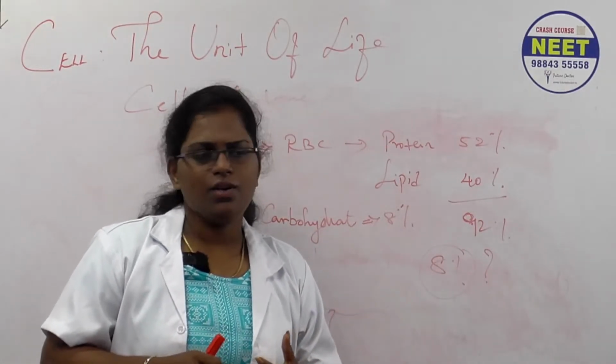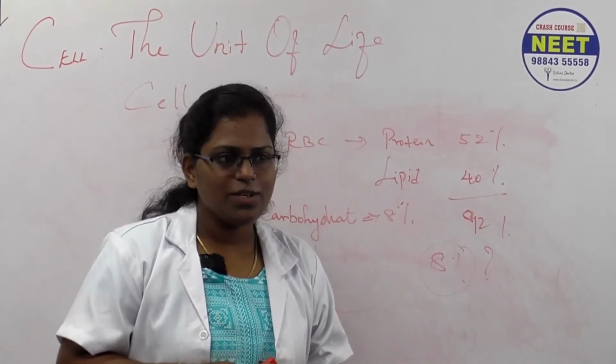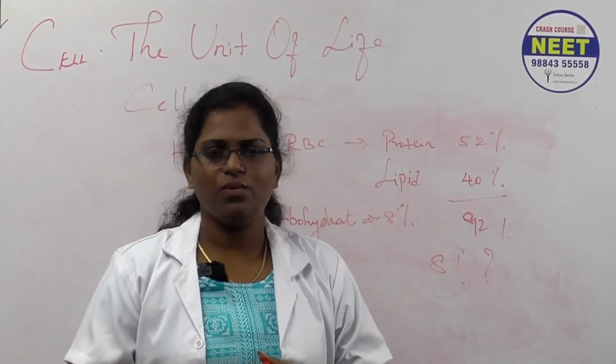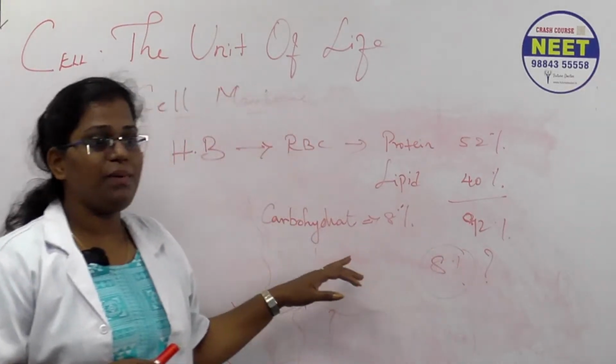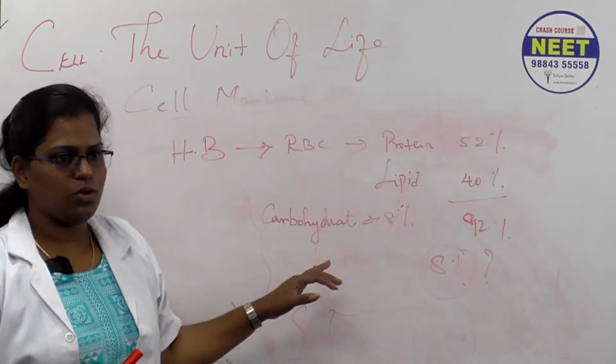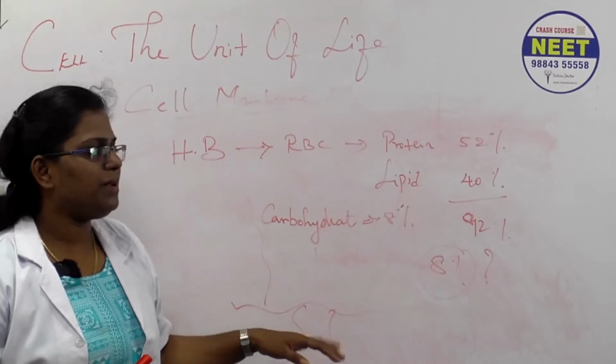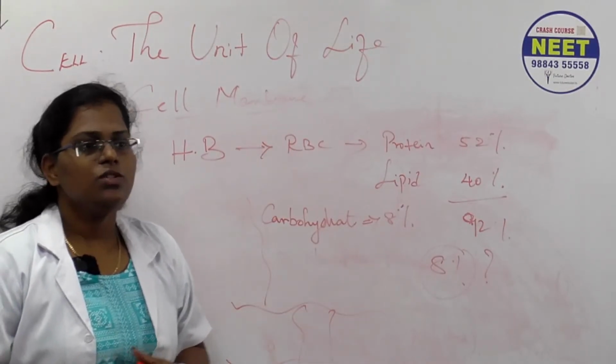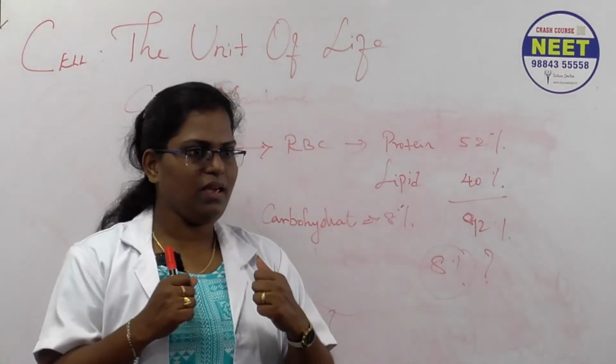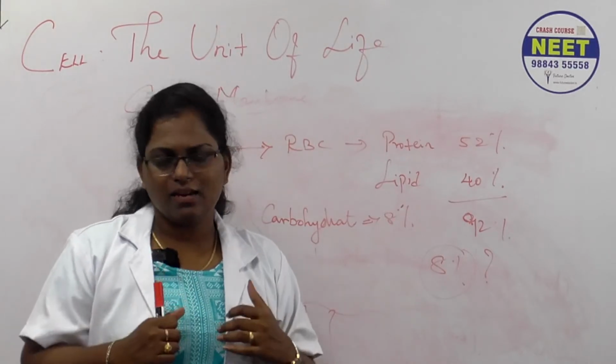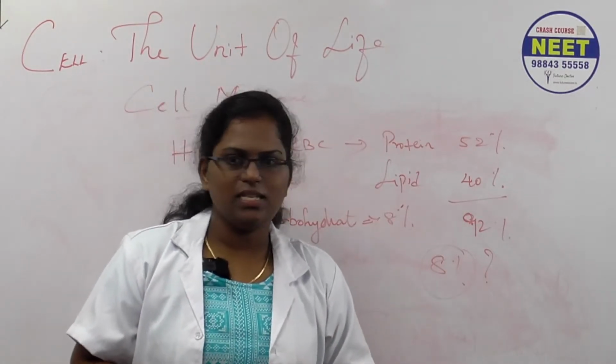ATP, adenosine triphosphate, that is ATP. Okay. So in the form of ATP while passive transport, and another one is in the cell membrane active transport. So in passive transport energy will be taken, but in active transport energy doesn't take place.